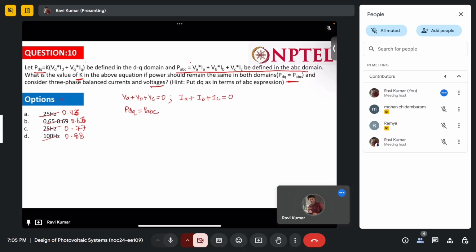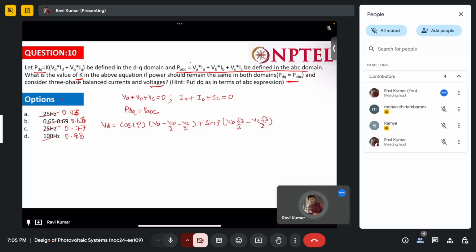So we will write VD as cos rho times (VA minus VB by 2 minus VC by 2) plus sin rho times (VB root 3 by 2 minus VC root 3 by 2).